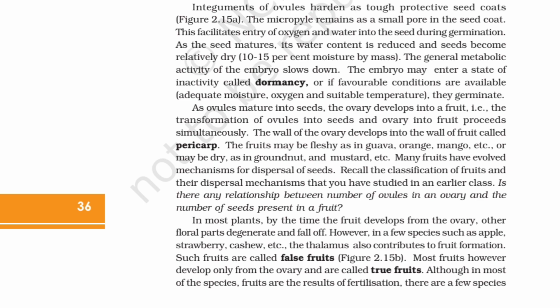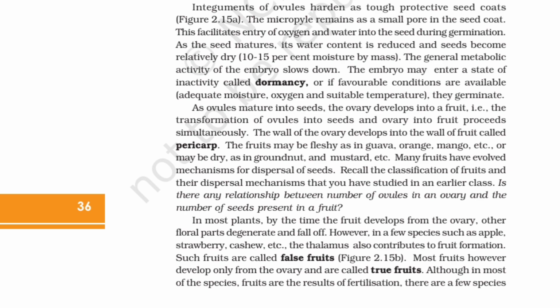suitable temperature, they germinate. As ovules mature into seeds, the ovary develops into a fruit, that is, the transformation of ovules into seeds and ovary into fruit proceeds simultaneously. The wall of the ovary develops into the wall of fruit called pericarp.